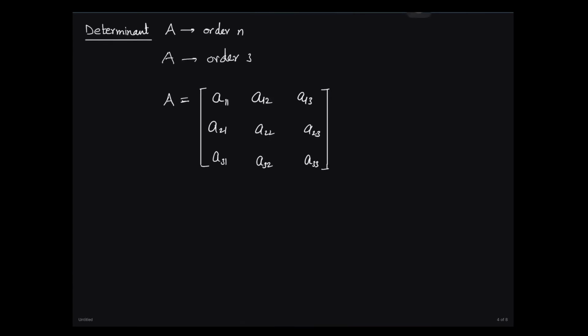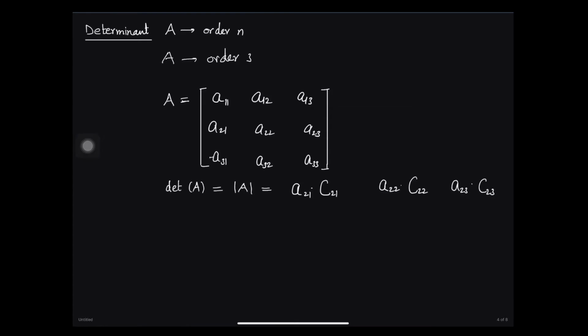Take any row or any column, so you have 6 choices. For example, take the second row: A21 with its cofactor C21, A22 with its cofactor C22, and the last one, A23 with its cofactor C23. Add them, and this number gives you the determinant. Or you could take the third column, that means this.